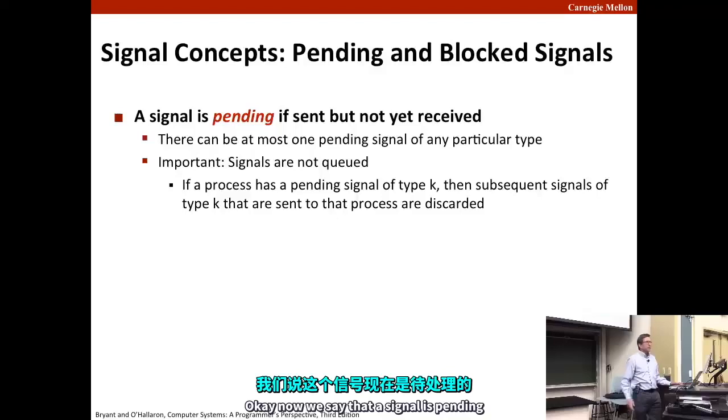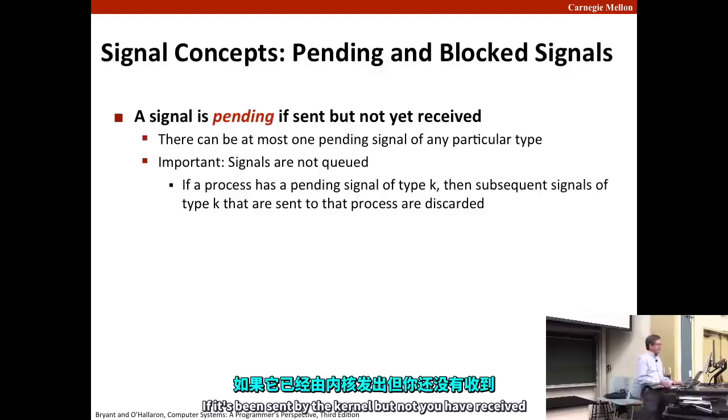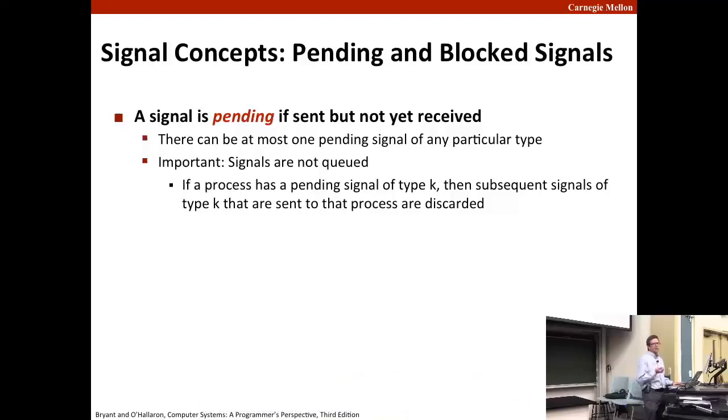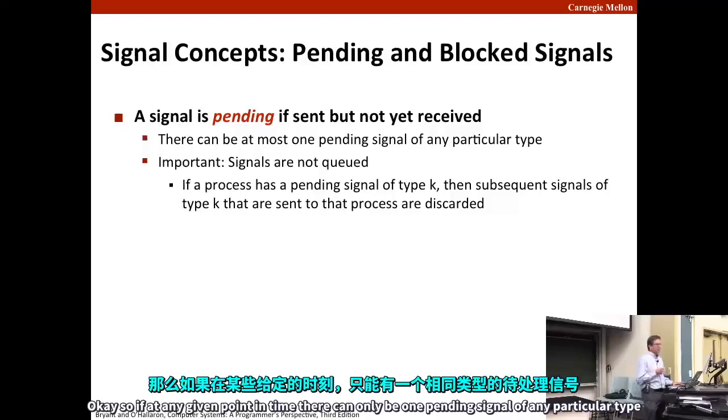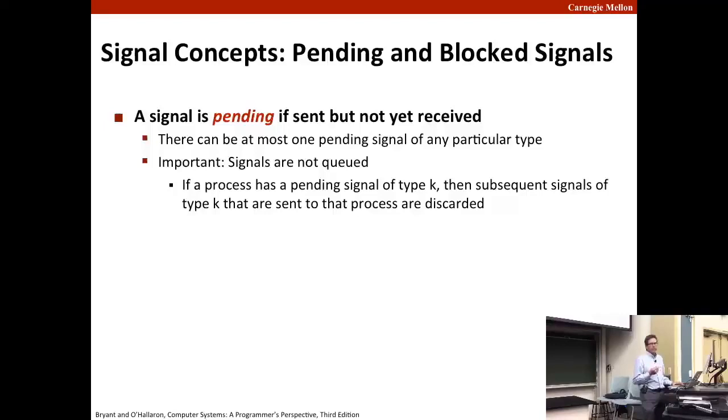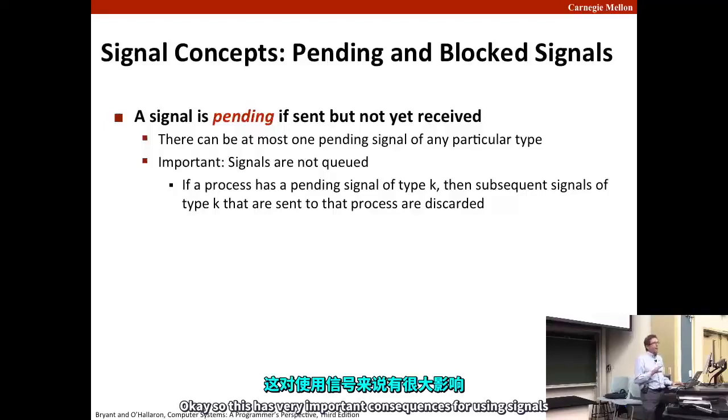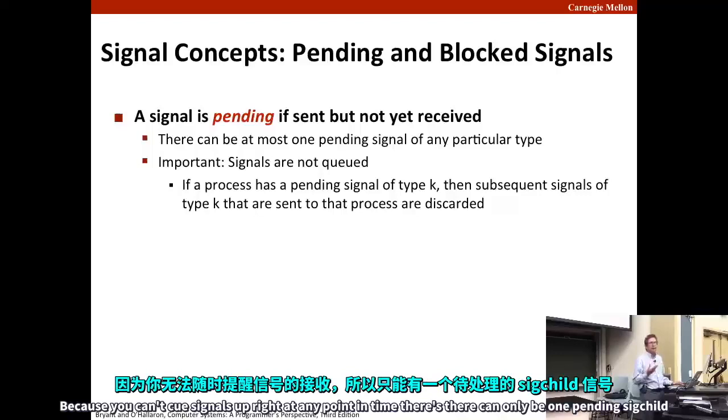Now, we say that a signal is pending if it's been sent by the kernel but not yet received. At any given point in time, there can only be one pending signal of any particular type. This has very important consequences for using signals, because you can't queue signals up.